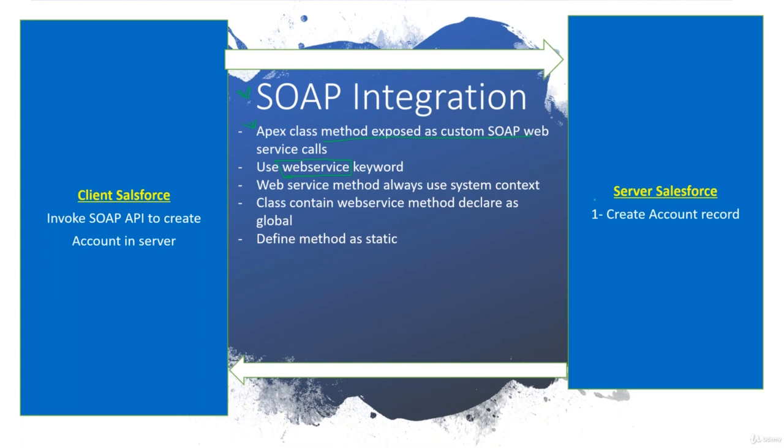And whatever web service method you have, that method always runs in the system context. We'll talk in more detail about the considerations of the webservice keyword, but overall, to understand, a web service method always runs in system context, and the moment your class contains a web service method, the class should be global, and your method must be defined as static.